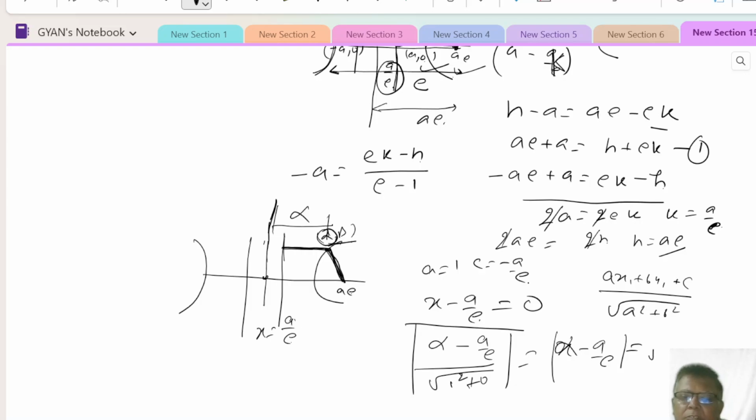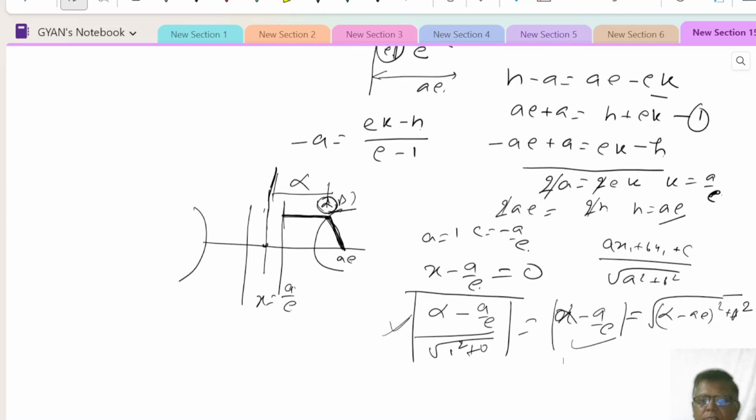So this is equal to root over alpha minus A the whole square plus beta square. So either you solve by this or you can find this distance directly also.